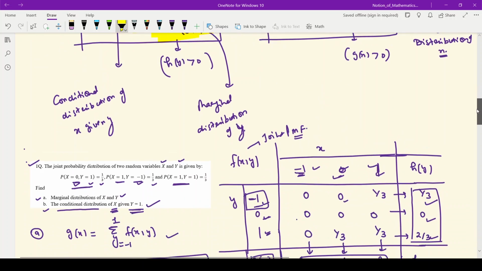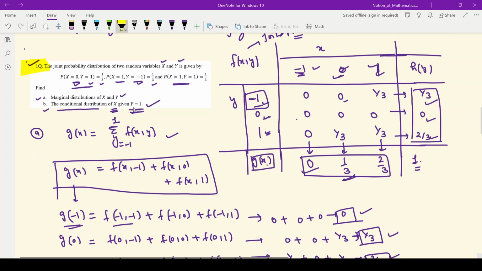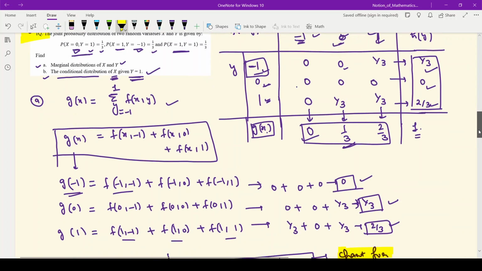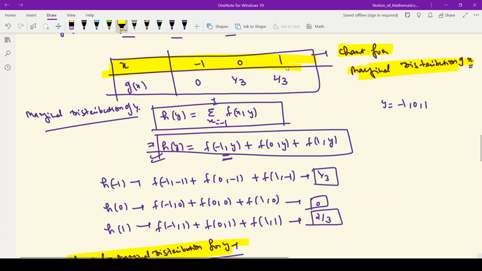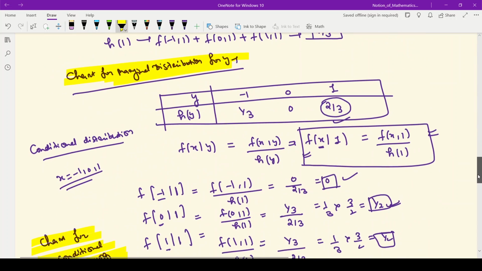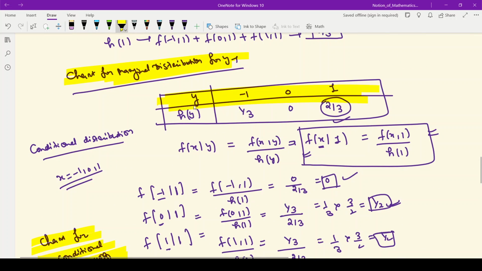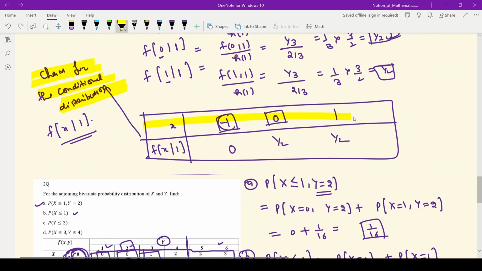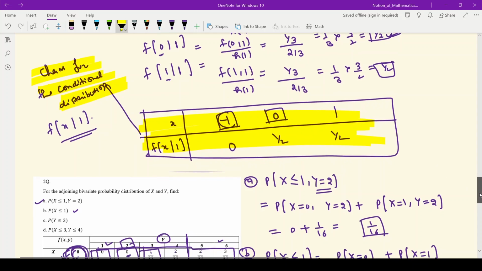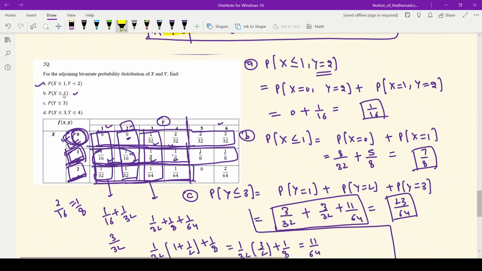Thereafter, I started the first question, and a lot of detail is discussed in it, where I created a few charts for marginal distributions for random variable x, and thereafter a chart for the marginal distribution of random variable y, and after that a chart for the conditional distribution.